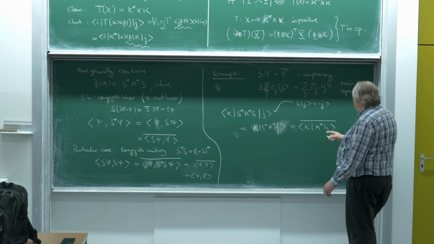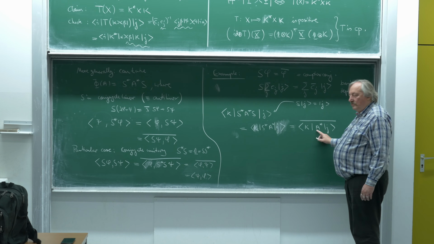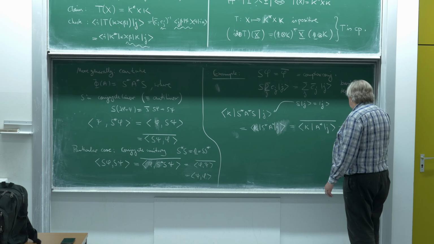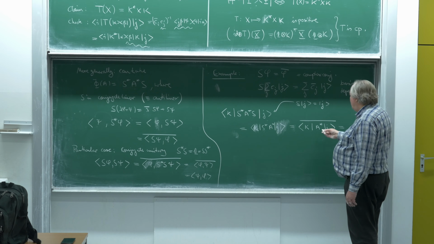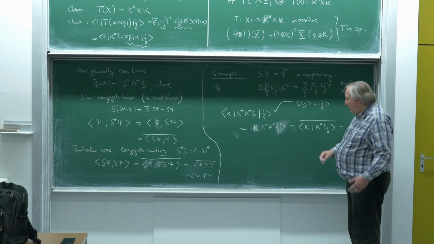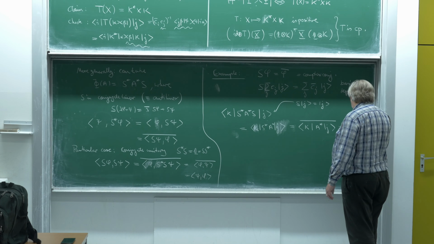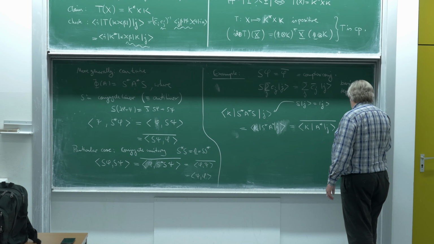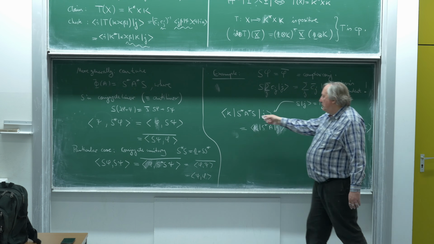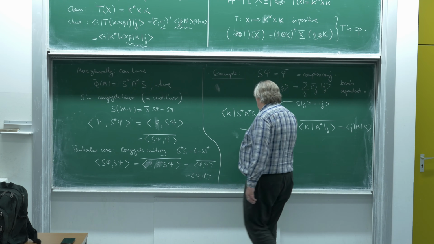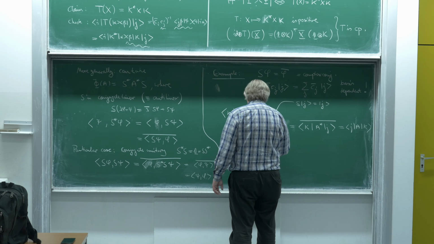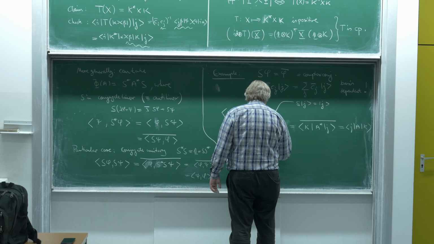But you know what the star does, right? You can actually put it here. And a star puts a conjugate and a transpose, so this will be e_j. Okay. So this is actually equal to e_k, A transpose e_j.